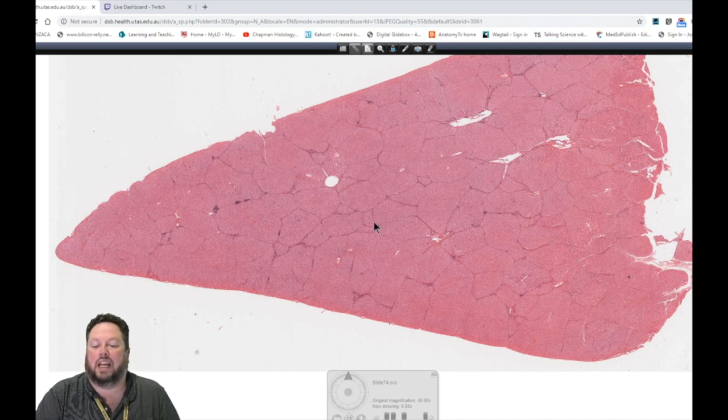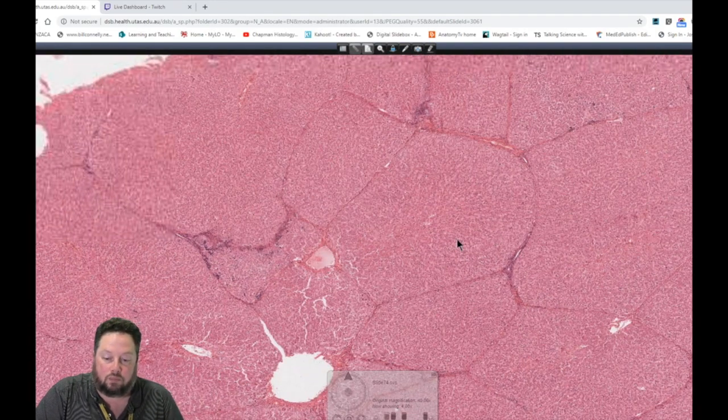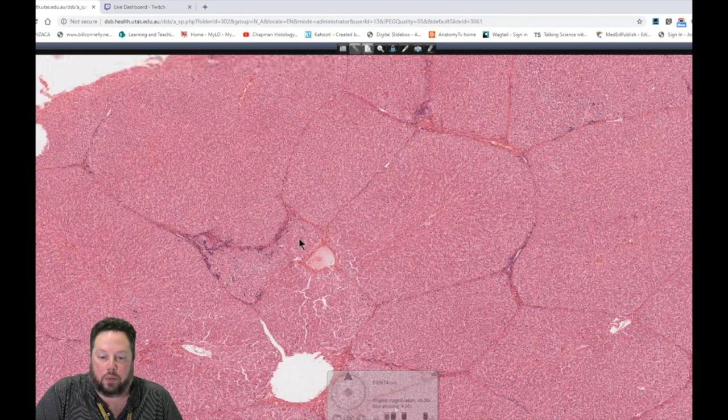There's a number of ways we can classify the liver histology. The classic histologist way is to think about a lobule like this, where we roughly describe it as being made up of a hexagon shape, which is 6-sided: 1, 2, 3, 4, 5, 6.